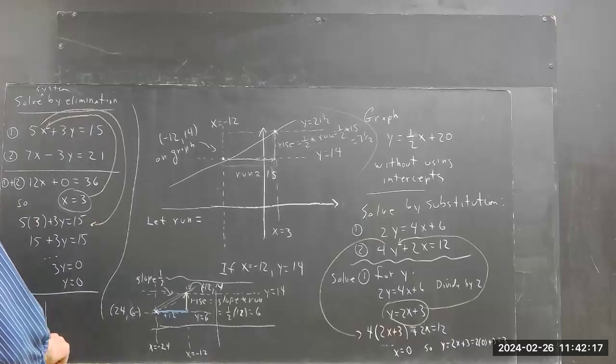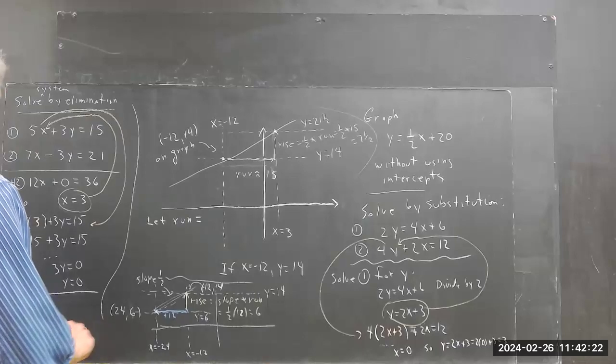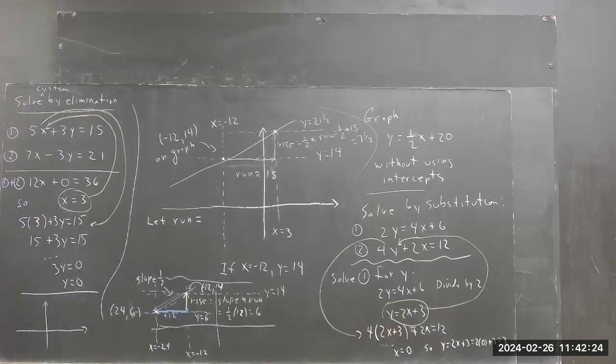Briefly, we can also do a check of reasonability by sketching graphs of these two functions. And so we find that the intercepts are (5, 0) and (0, 3).